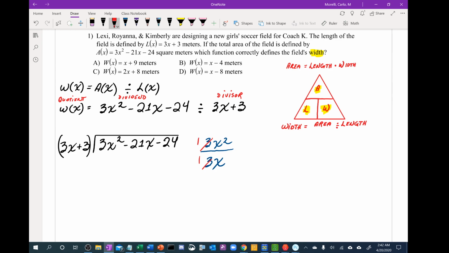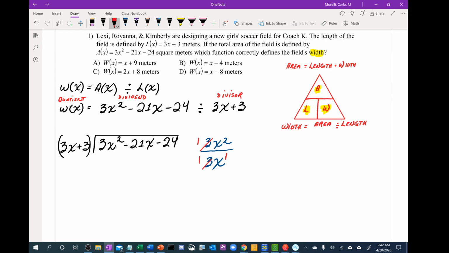And now we will apply the quotient rule to divide x squared by x. So remember that the quotient rule says when you have like bases, common bases, the bases are the same, you subtract the exponents.